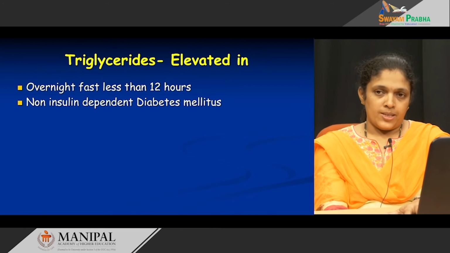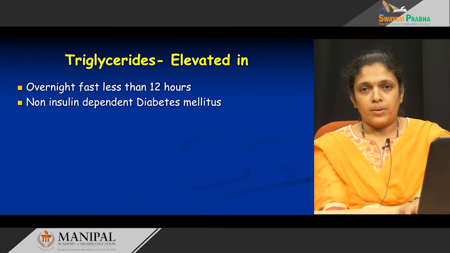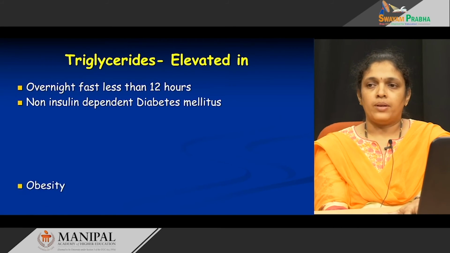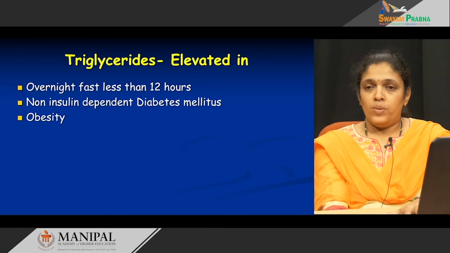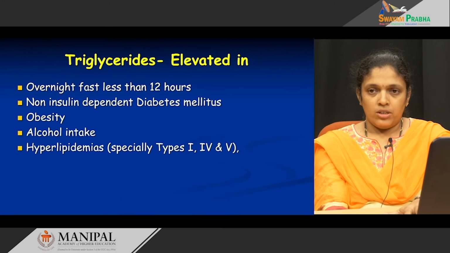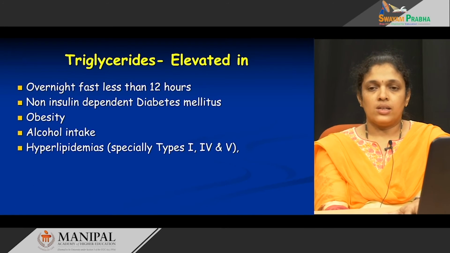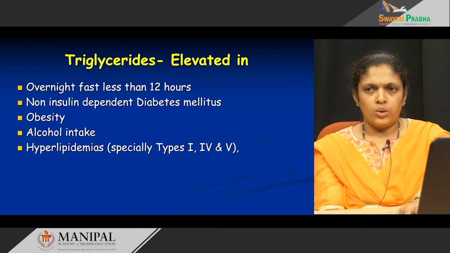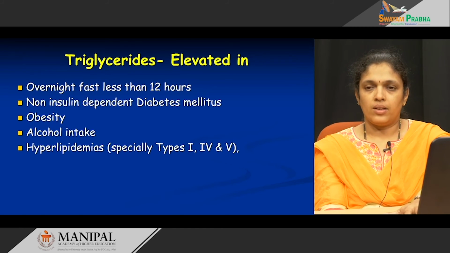Patients with diabetes mellitus, again type 2 diabetes mellitus, the non-insulin dependent type of diabetes. Obese individuals have excess TG. Alcohol consumption leads to excess triacylglycerol. Certain types of hyperlipidemias like type 1, type 4 and type 5 also lead to excessive triacylglycerols.